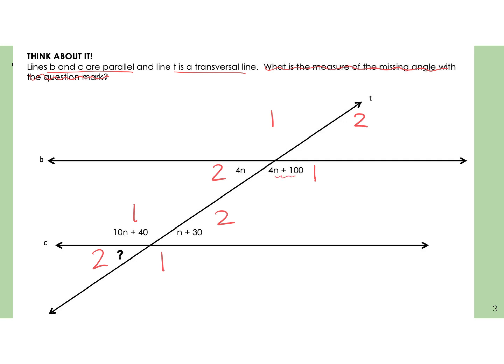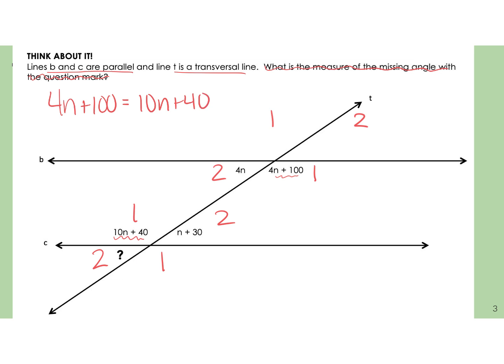So I have this one, that's a 1, and this is a 1. So since they're equal, I'm going to write the first one, 4n plus 100, and I'm going to set it equal to the other one, which is 10n plus 40. That's one equation you can write.